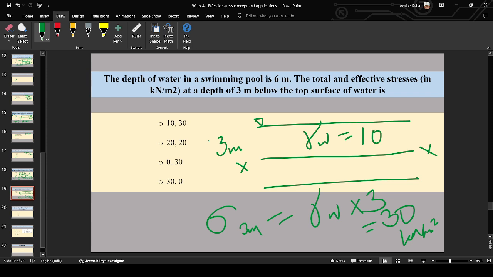Since there is no soil present, there will be no effective stress. Sigma dash equals 0. Sigma at 3 meter is equal to the pore pressure or water pressure. So 30 and 0, this is the right answer. I hope it was clear. Go to the next question.